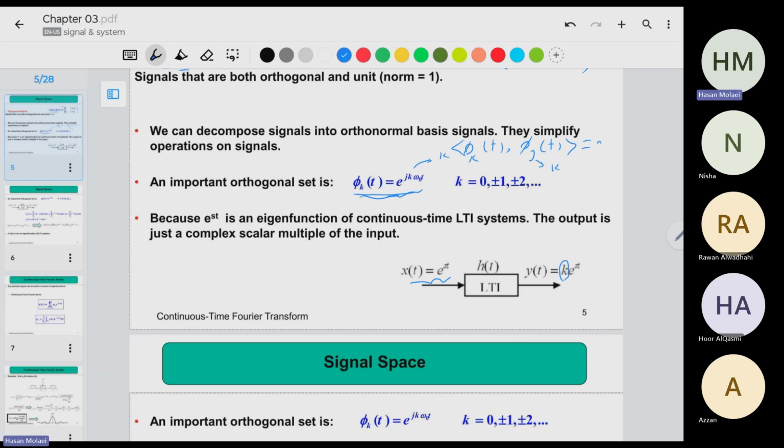We call e to the power of ft an eigenfunction, which means if we apply it to a system, the output is exactly like the input, only one coefficient is different.